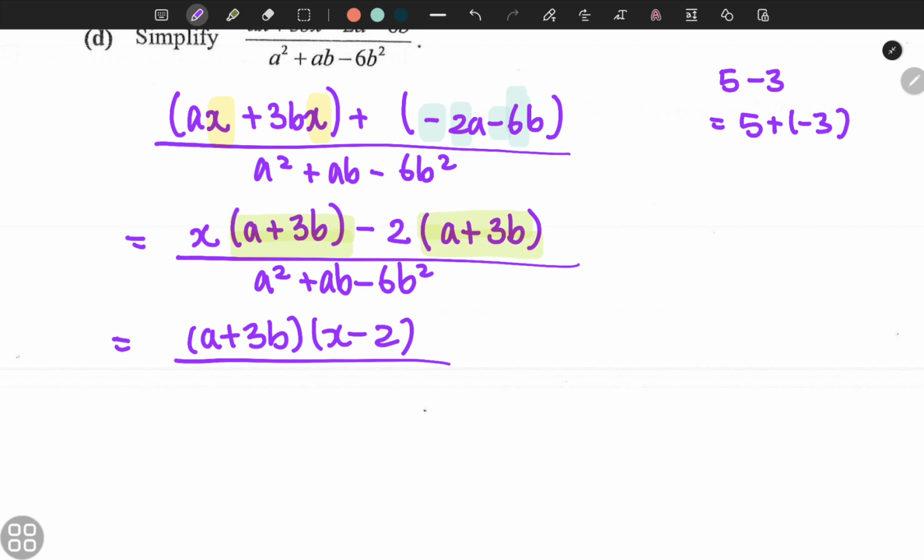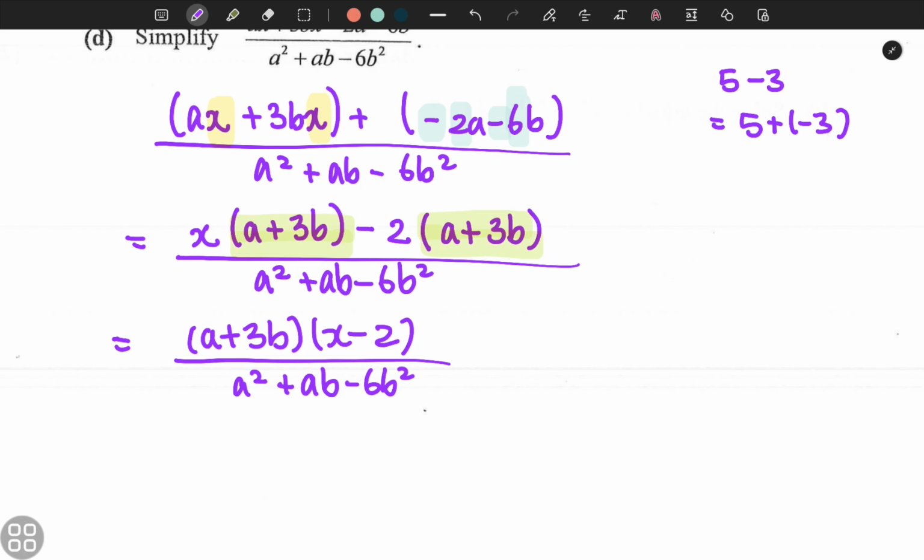Basically, when I factorize out a plus 3b, I'm left with x, this x over here. And when I factorize out a plus 3b on the other side, I'm left with this 2, minus 2 to be exact. So therefore, I get x minus 2. Copy my numerator. Copy my denominator. And therefore, I have a factorized numerator, and that gives me 1 mark.